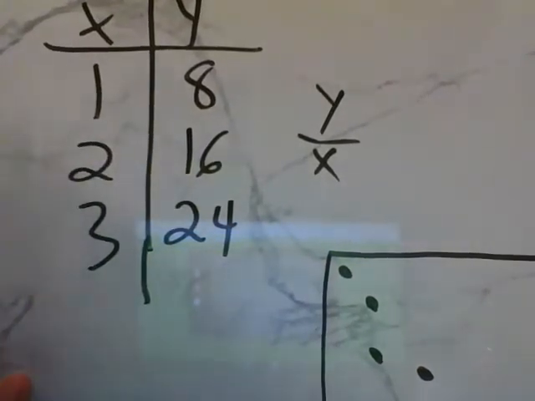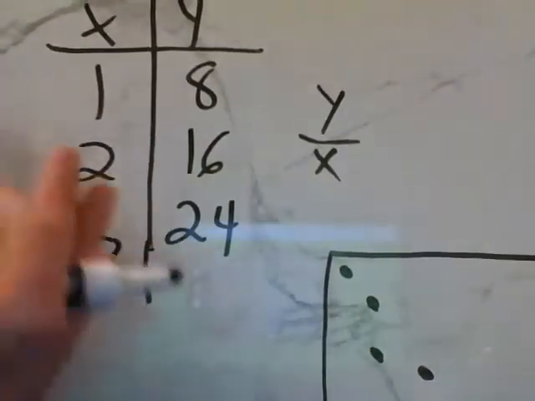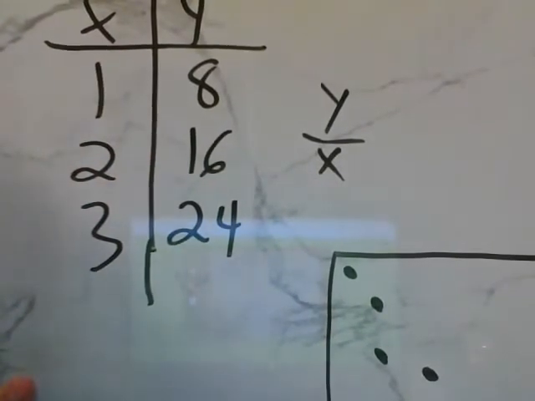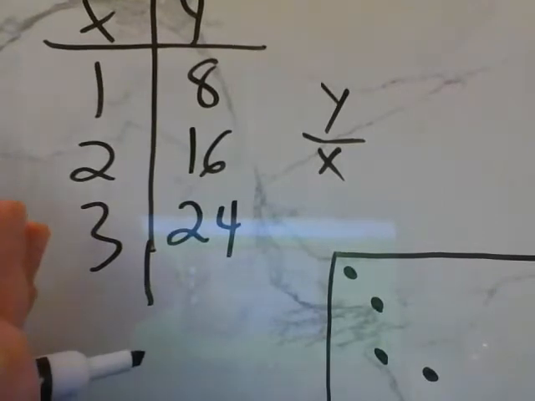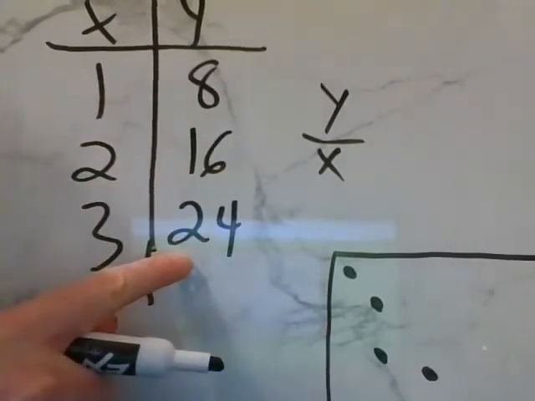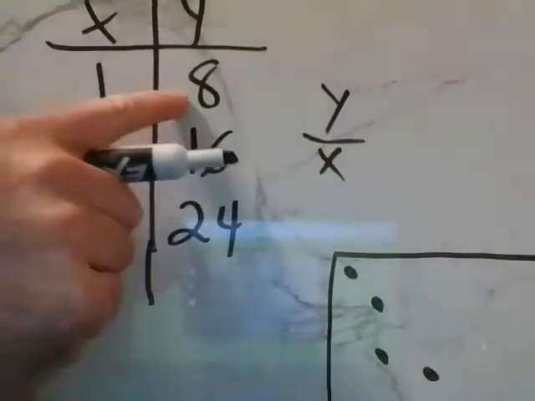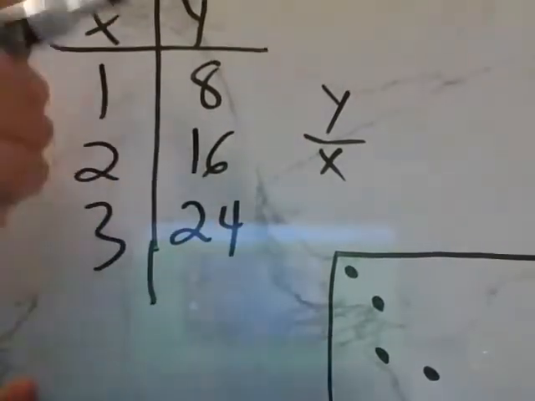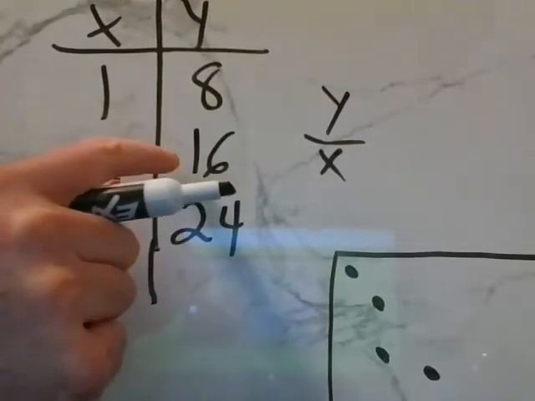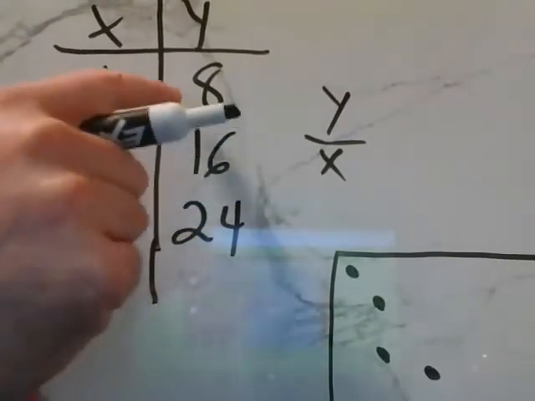But is there a 0, 0? Well, just because you don't have a 0, 0 doesn't mean that there might not be a 0, 0. So let's think about this. If I'm increasing by 8 every time here, then I must be decreasing by 8 if I decrease my x. So from 3 to 2 to 1, 24 minus 8 is 16, minus 8 is 8.